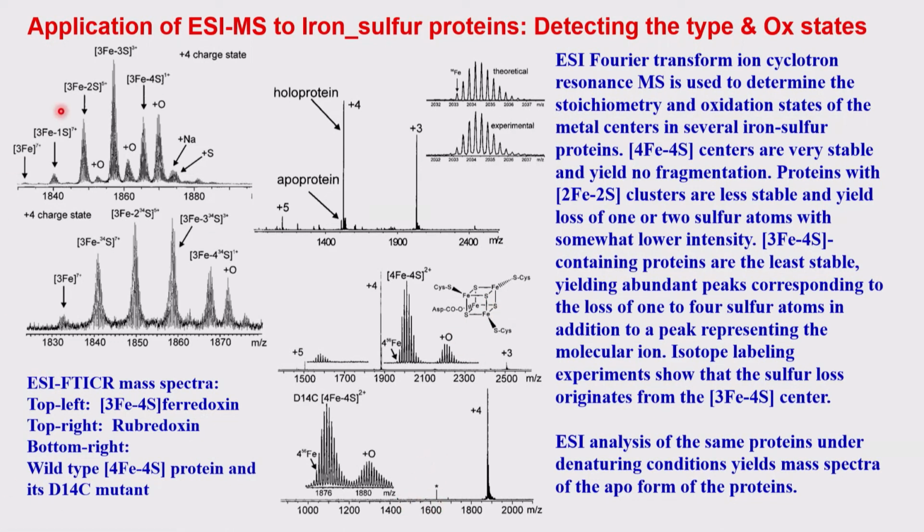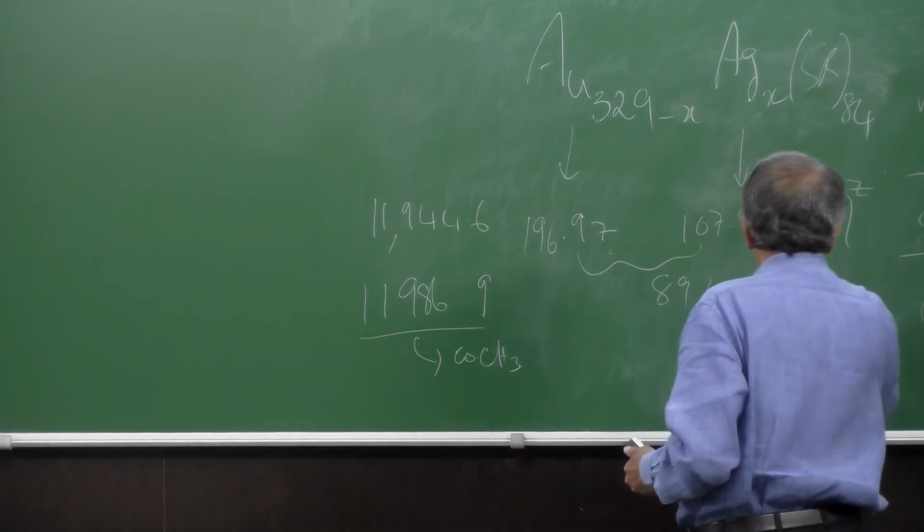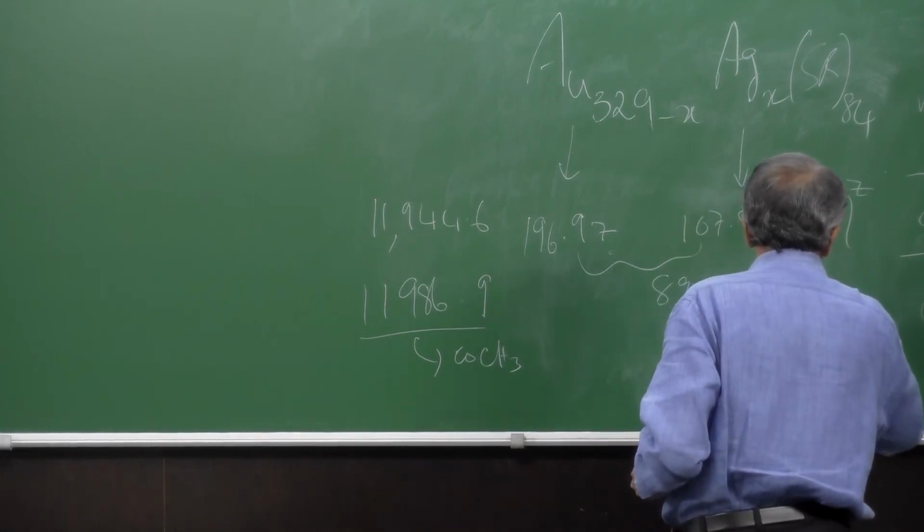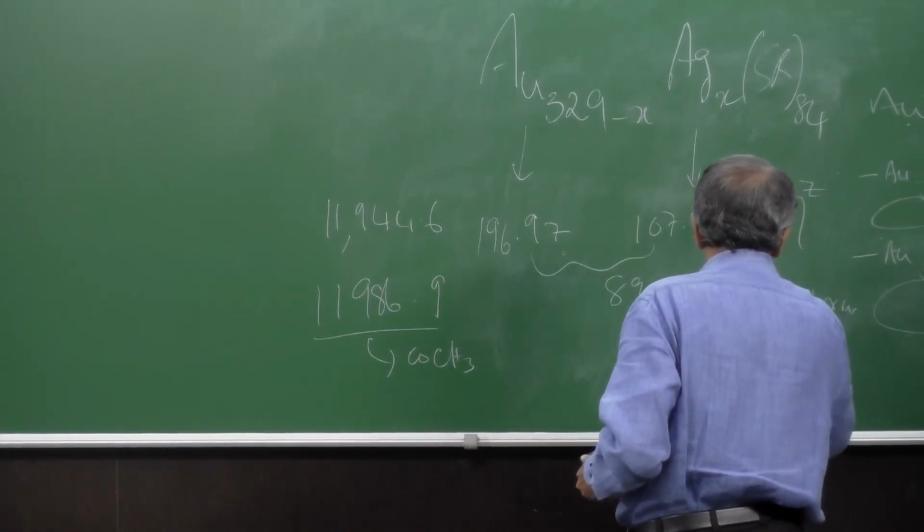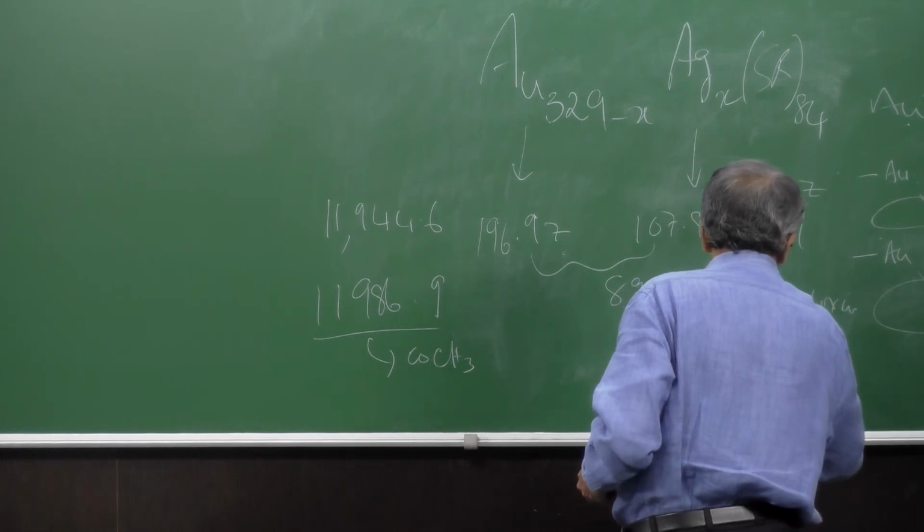Now you go to the 3 iron 4 sulfur cluster. You see, this is the original. This is 1 sulfur loss, 2 sulfur loss, and 3 sulfur loss. All 4 sulfurs are lost. So you can find out like that. That means by measuring the mass spectrum, you can tell whether this is rubredoxin or ferredoxin.